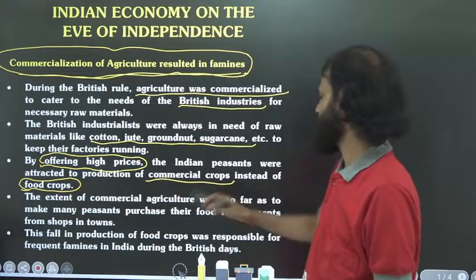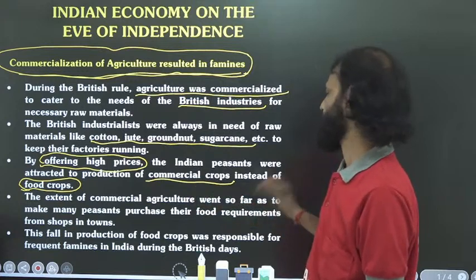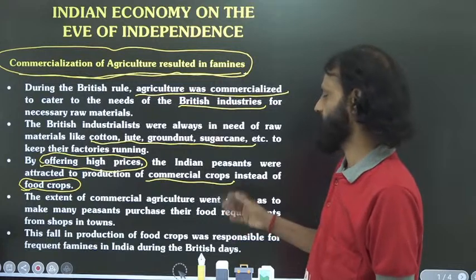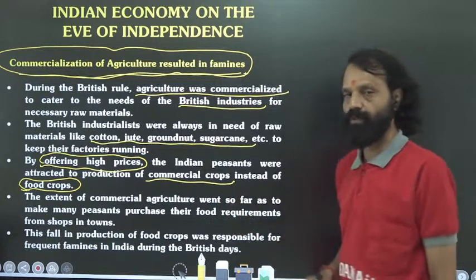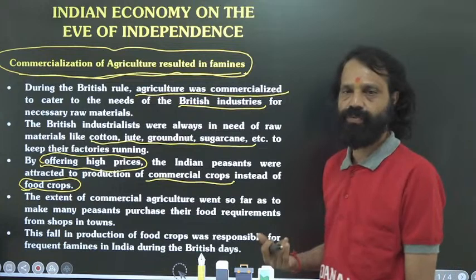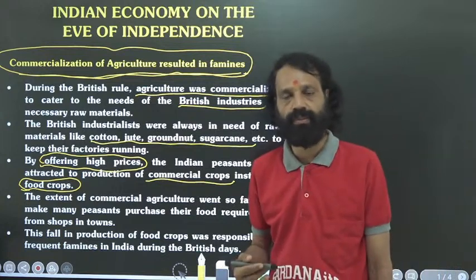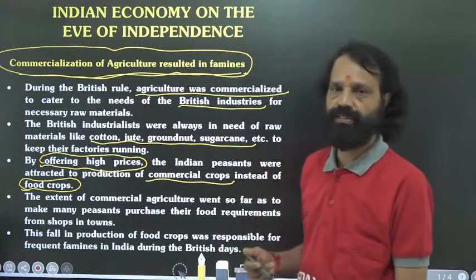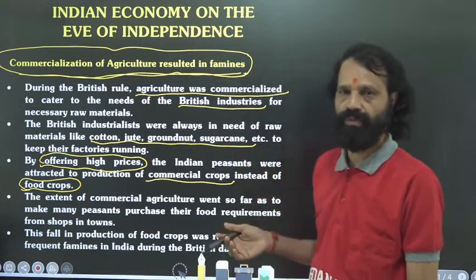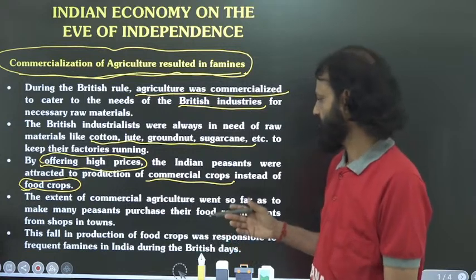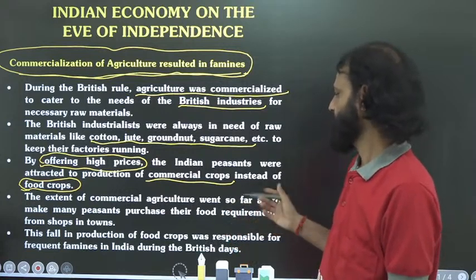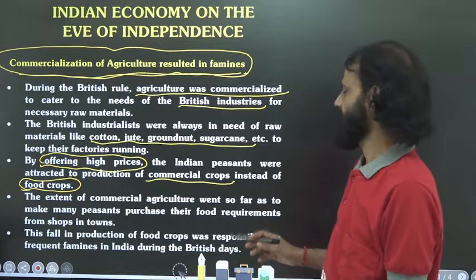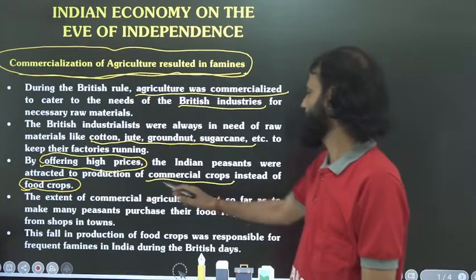The extent of commercial agriculture went so far as to make many peasants purchase their food requirements from shops in towns. So what happened? Indian peasants were producing more cash crops, so that the raw materials they could export abroad, and from abroad, mainly from Britain, finished goods came to our market. So all peasants were attracted to producing commercial crops.